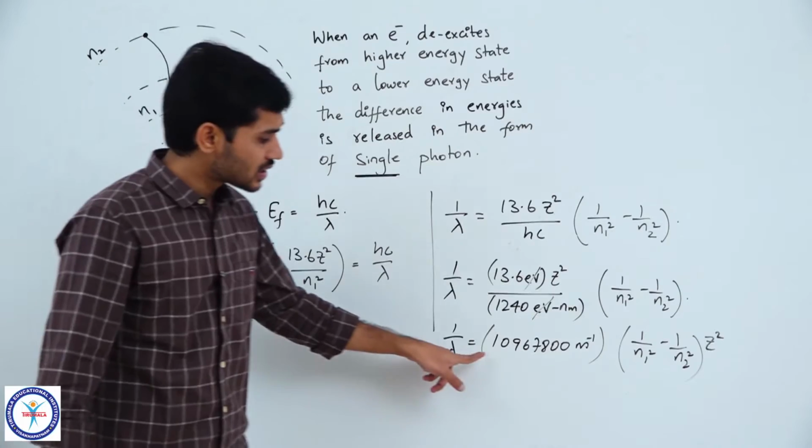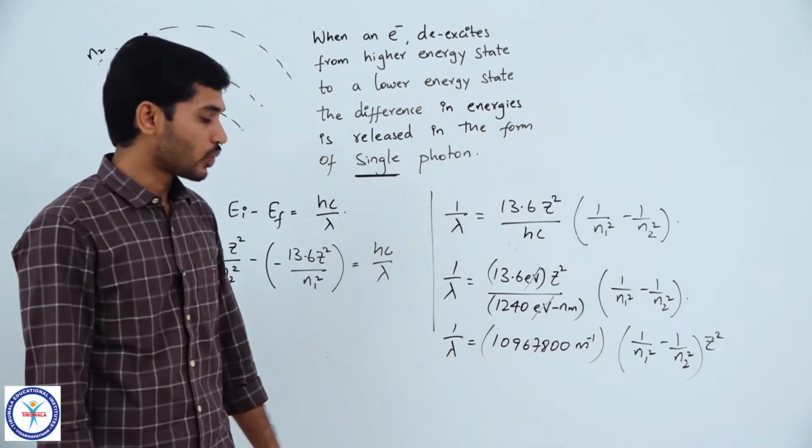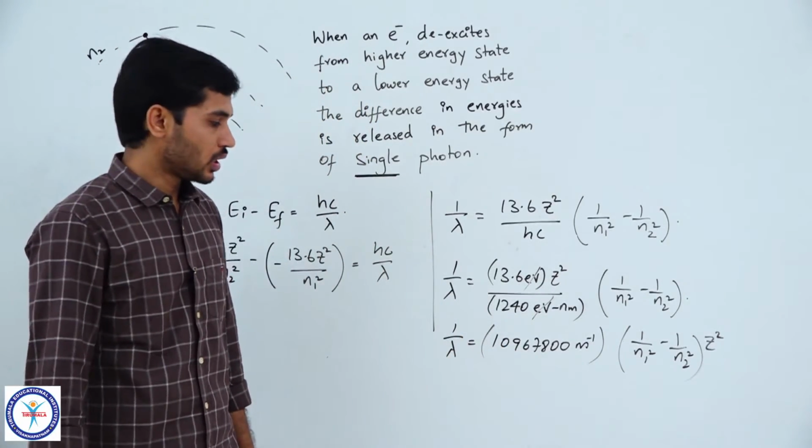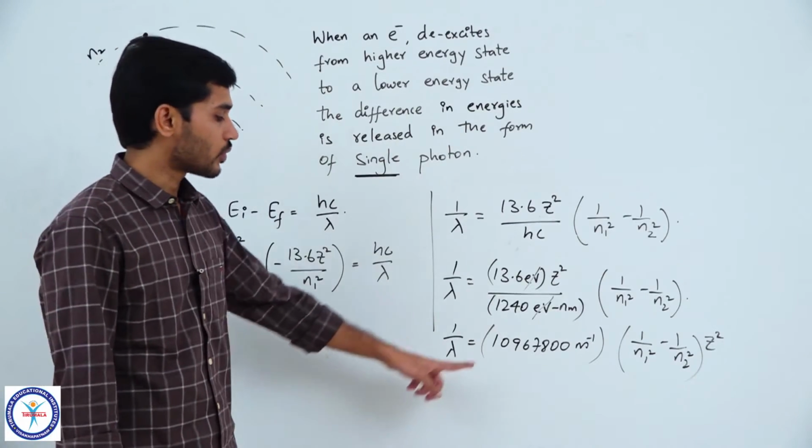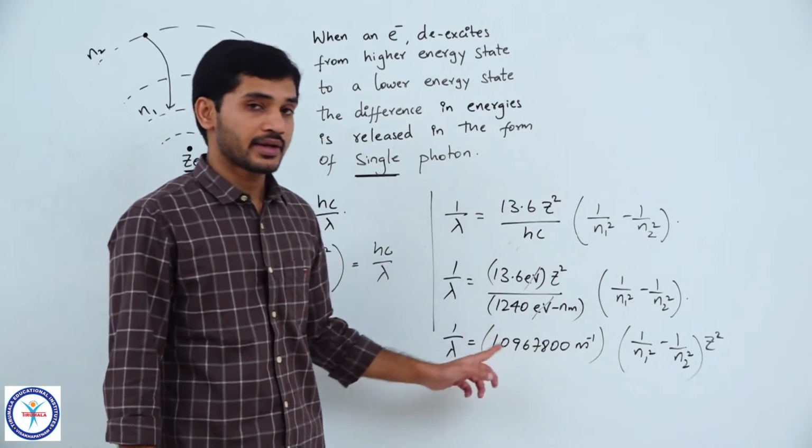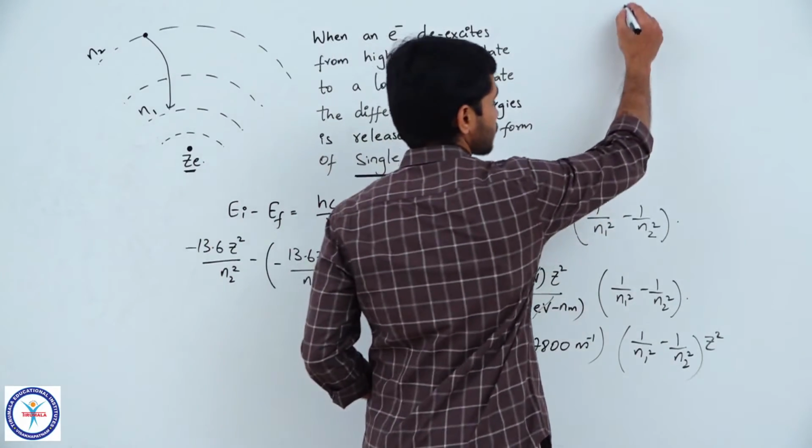So this constant term which we got here, we call it Rydberg's constant. It is denoted with capital R. So I will replace this with capital R and rewrite this expression once again.